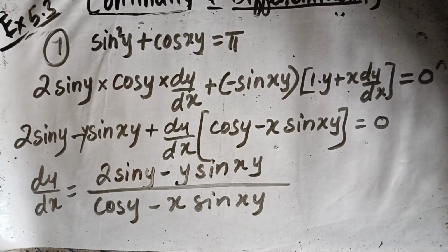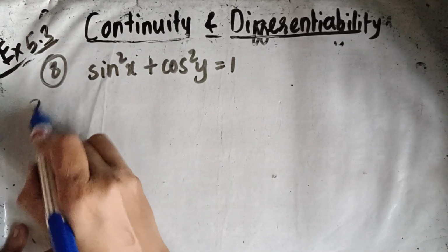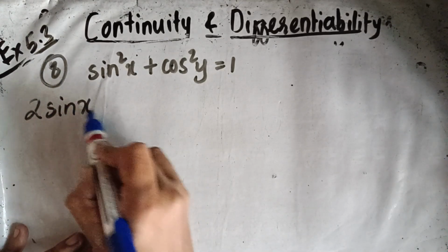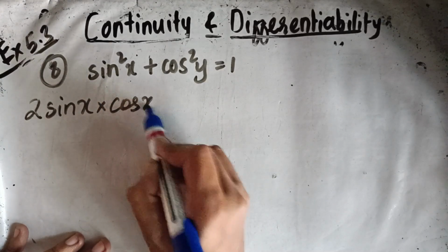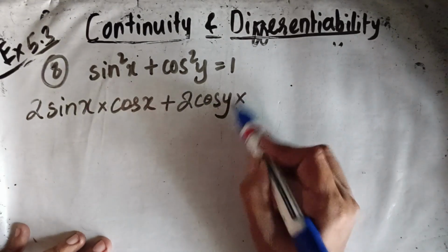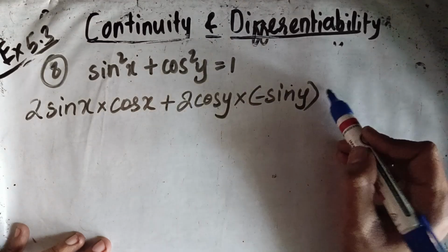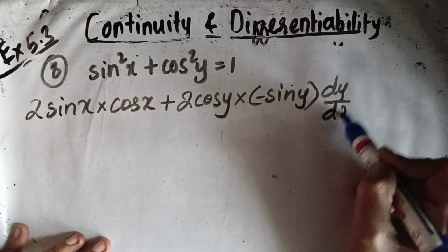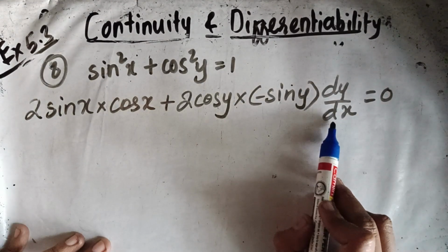Okay, let's solve this. So again we have to use 2 sin x into derivative of sin x, cos x, plus 2 cos y into derivative of cos y, minus sin y, and then derivative of y equal to 0. So here only one dy by dx is there.